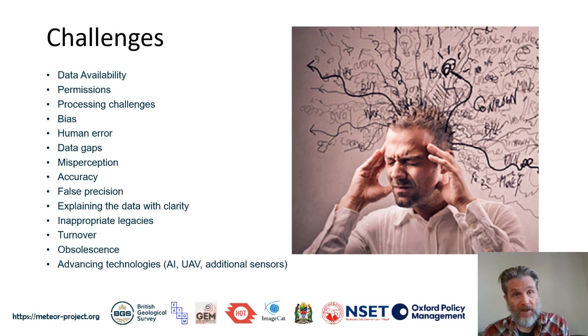First is data availability. When you're trying to get these data sets, it's sometimes very hard to put your hands on them, and if you even find them, you might not get permission to use them for a given purpose, or there might be a charge that actually makes things prohibitively expensive in some cases. So those can be challenges.